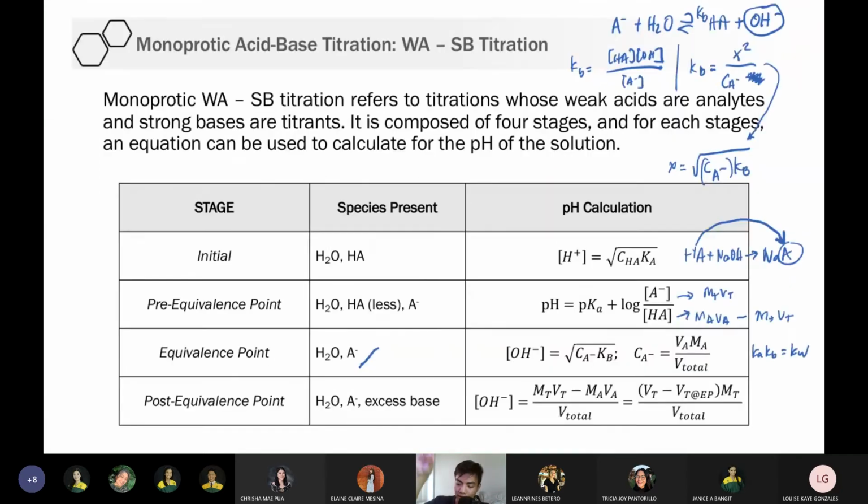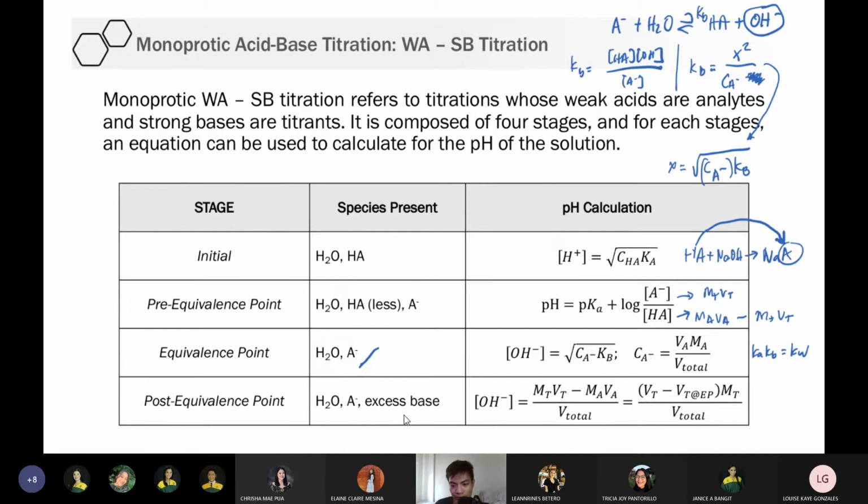Then, after nun, dagdag ka pa titrant, lagpas ka na sa equivalence point. Yan ay kulay violet na. Okay. Lagpas ka na sa endpoint. Purple na yan, violet na. Lalabas na si Barney dyan. Okay. So, when you are at the post-equivalence point, the species present in your solution are water, conjugate base, and the excess strong base.